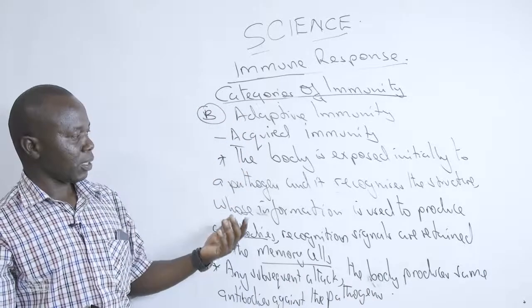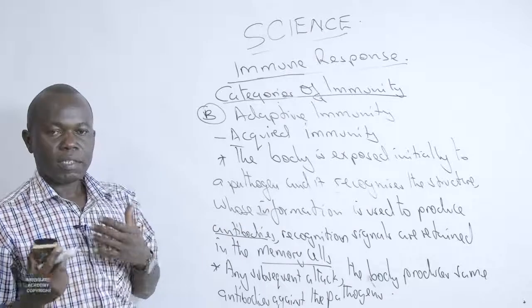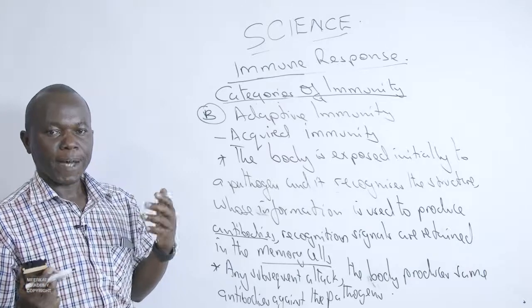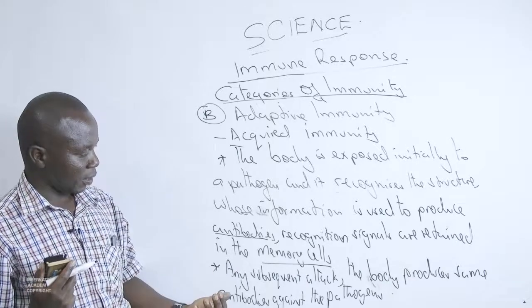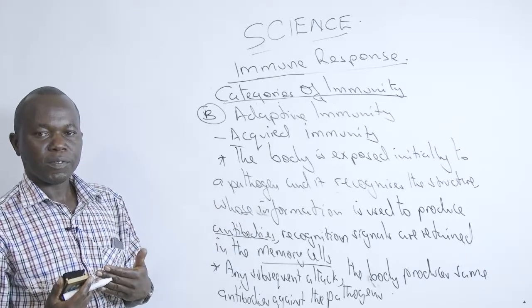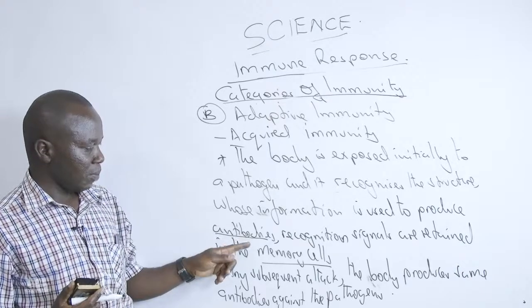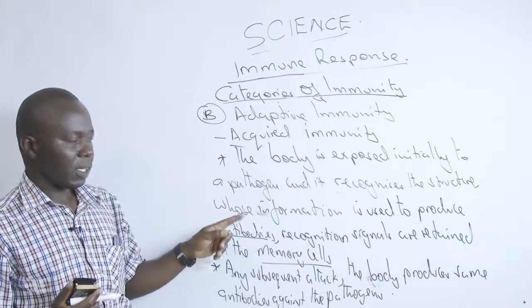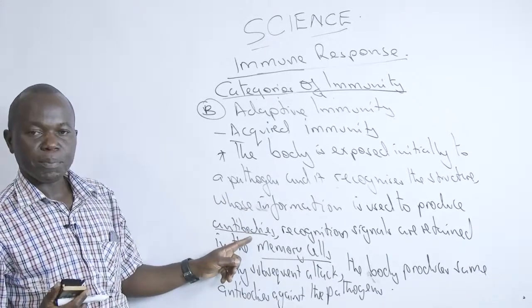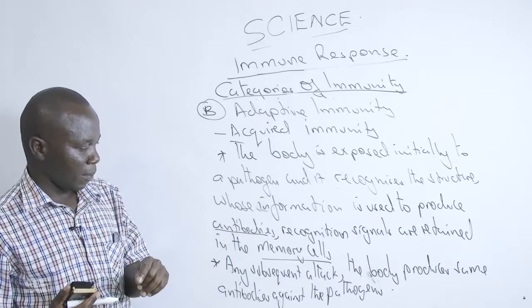So this means that if you suffer from polio, that's what happens with diseases like polio, measles. We have even whooping cough, the pertussis. What happens? You are exposed to a polio virus or measles virus, and then the body recognizes the virus as the pathogen, will keep it in the memory cells, but at the same time produces antibodies against the measles virus at that time.